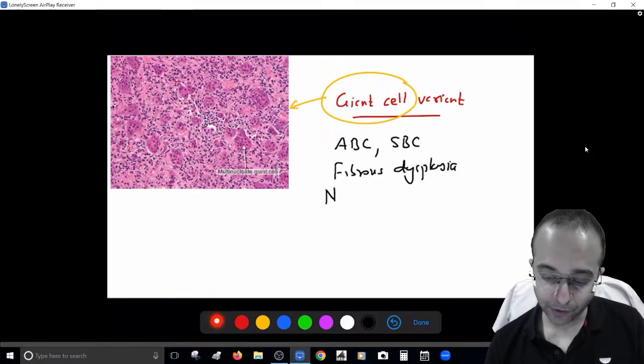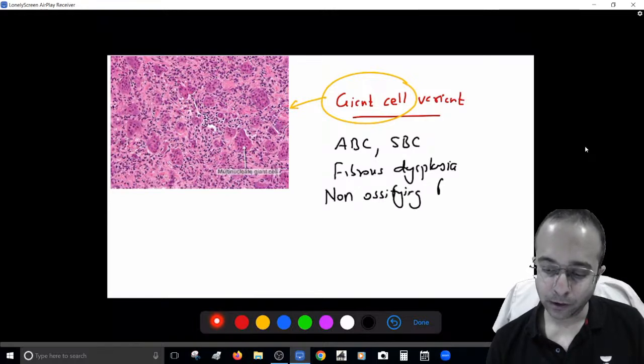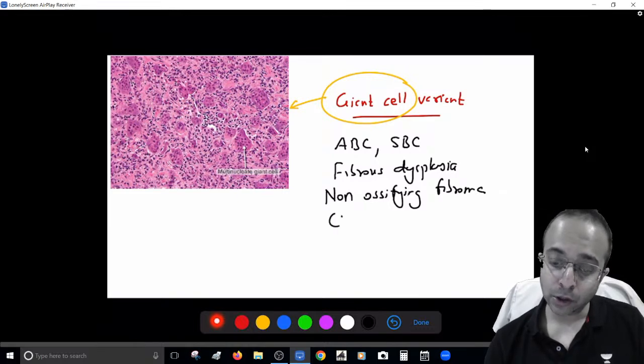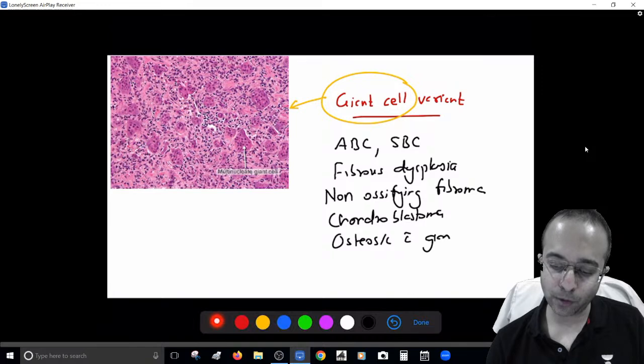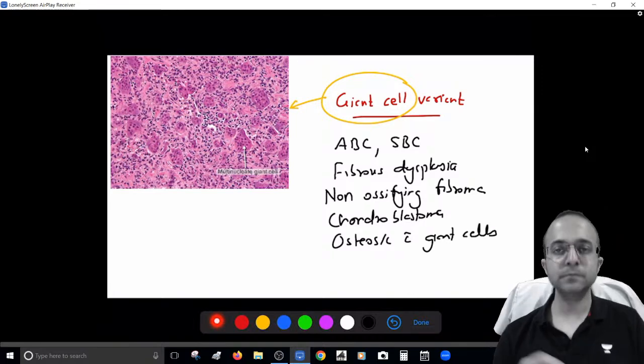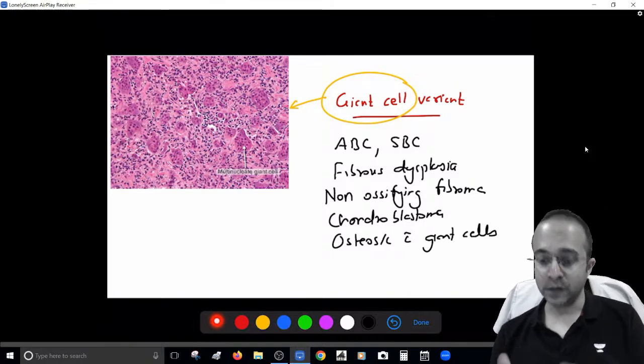Then there is a variant of fibrous dysplasia that is called non-ossifying fibroma. Here also you can have giant cells on the biopsy. Then chondroblastoma, very popular giant cell variant. And then there is a variant of osteosarcoma also that is called osteosarcoma with giant cells. So please do remember the list of giant cell variants.